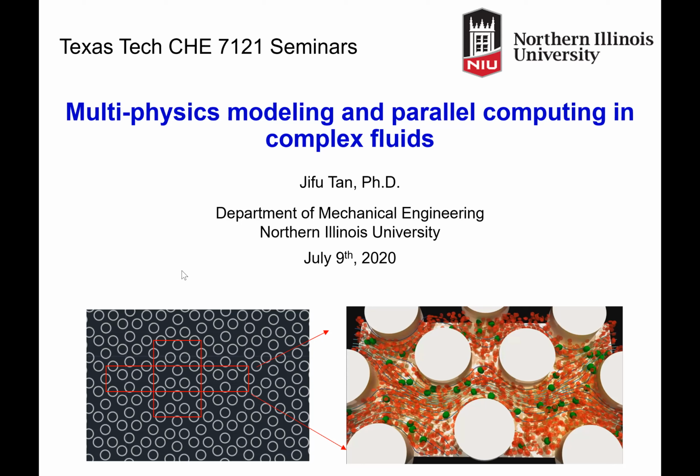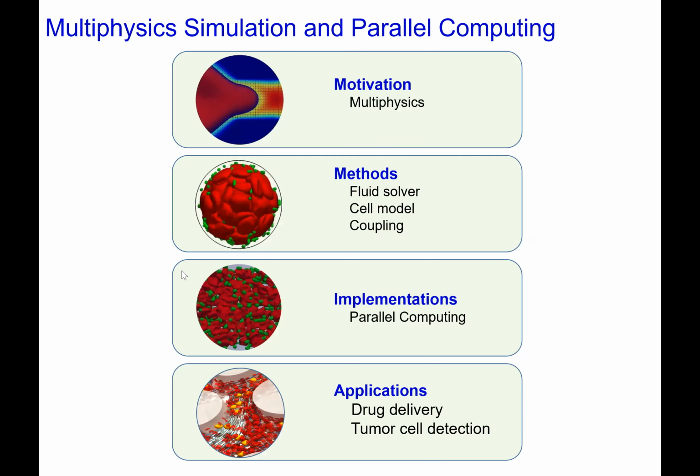The outline of the talk is as shown on the screen. First, I will start with the motivation why we want to study multiphysics problems in complex fluid. The next step would be how can we model such complicated problems?